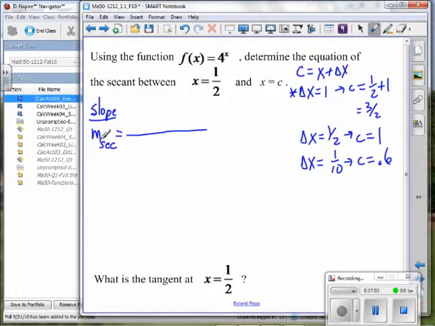Now we know it's the change of the outputs divided by the change of the inputs. The change of the outputs is going to be f of x plus delta x minus f of x, divided by delta x.